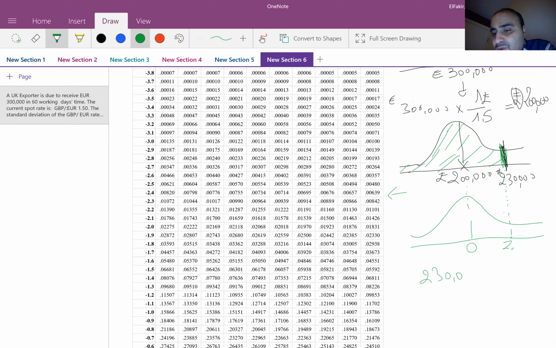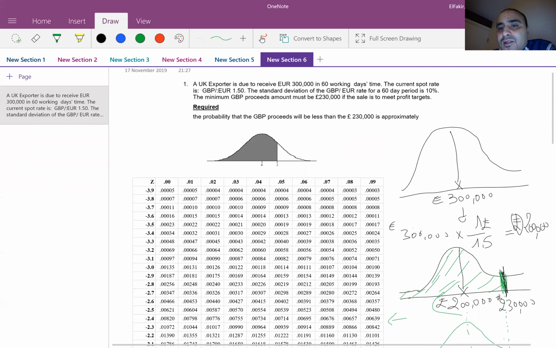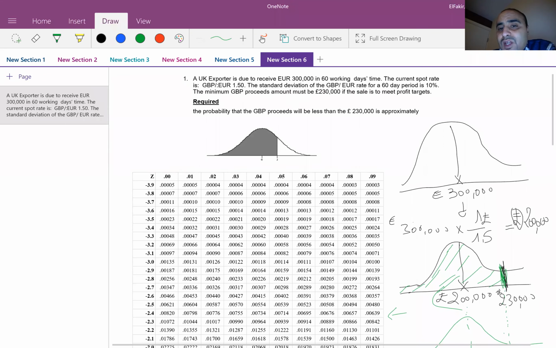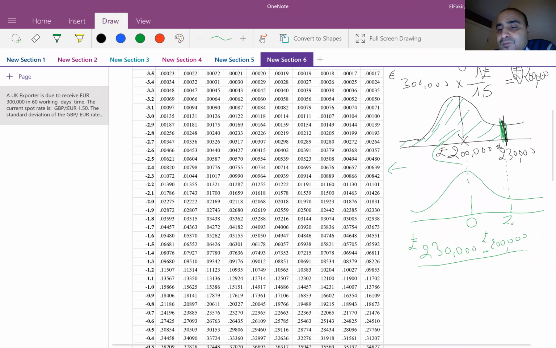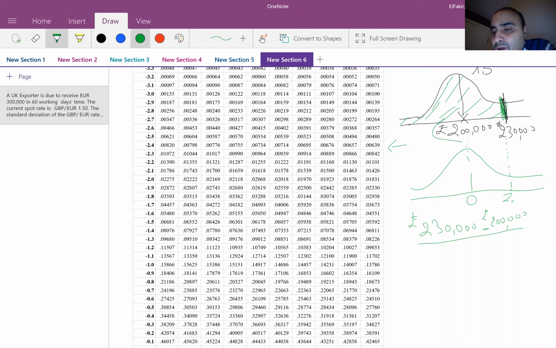We take that observation, 230,000, minus the mean, which is 200,000, over the standard deviation. The standard deviation there, it says, is 10%, which means that the rate is actually 10% of the average value, which is 200,000. So this is really the standard deviation, okay?